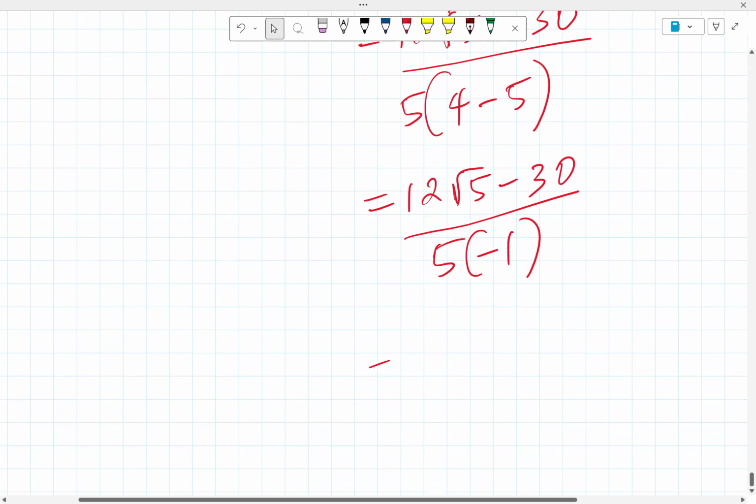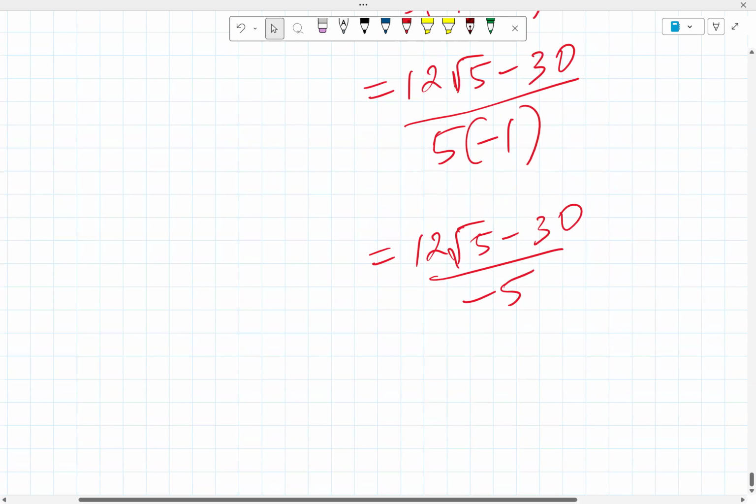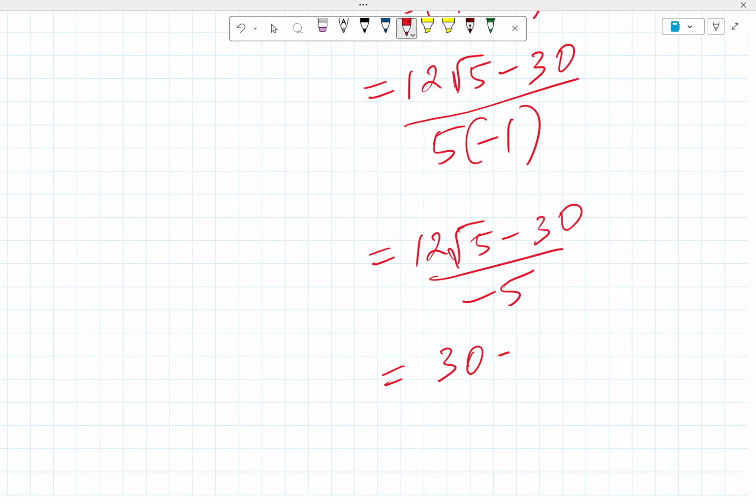So we have 12 root 5 minus 30 all over minus 5. I mean, the 5 can go, if the 5 goes up, we can say we have 30 minus 12 root 5 all over 5. So the minus can flip the top over, and then we can have it this way.